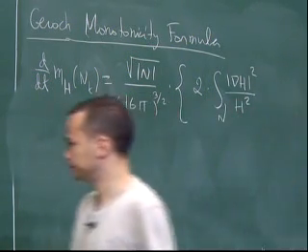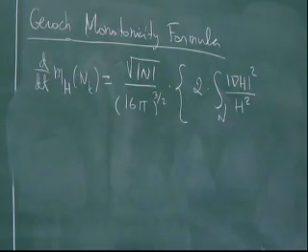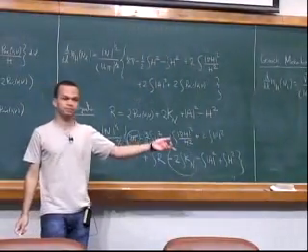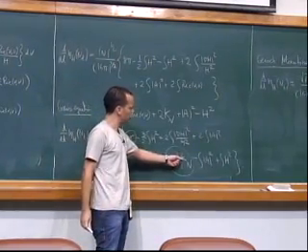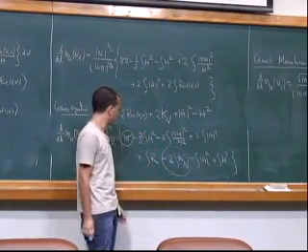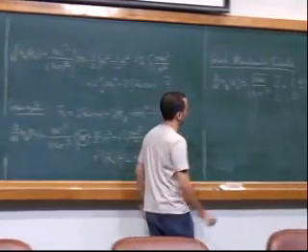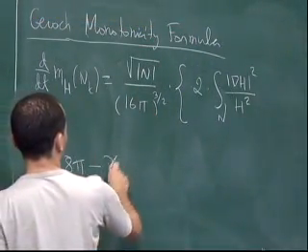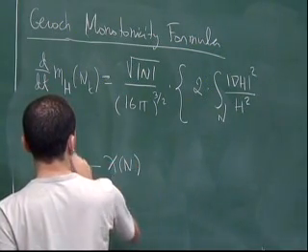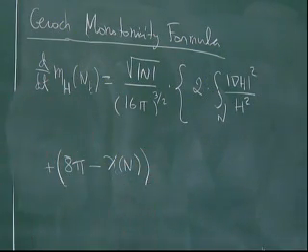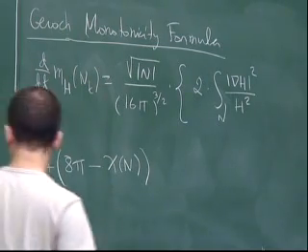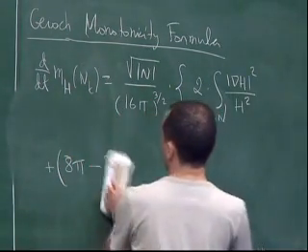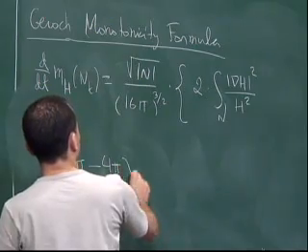Let's see. So now I have 8 pi minus twice the integral of the Gauss curvature. By Gauss-Bonnet, the integral of Gauss curvature is equal to 2 pi times the Euler characteristic. So these terms together give me 8 pi minus, sorry, not 8 pi, 4 pi, the Euler characteristic.